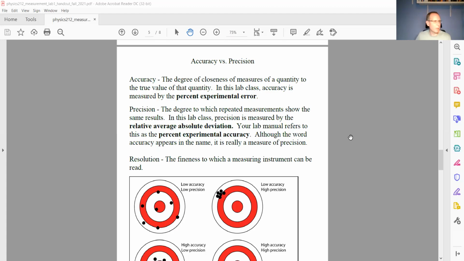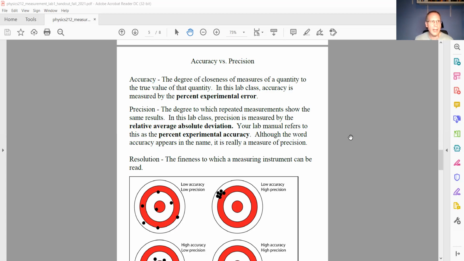Okay, the next thing I want to talk about is the difference between accuracy and precision. So we're also going to develop measurements to measure the accuracy of an experiment and precision. Accuracy is defined to be the degree of closeness of measures of a quantity to the true value of that quantity.